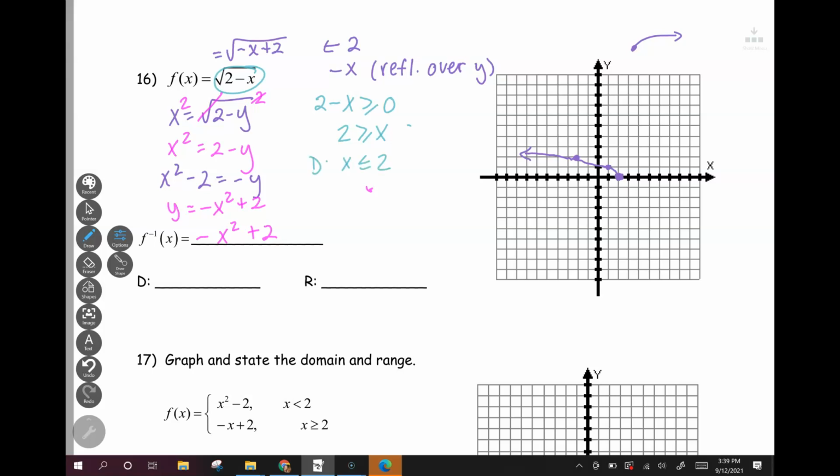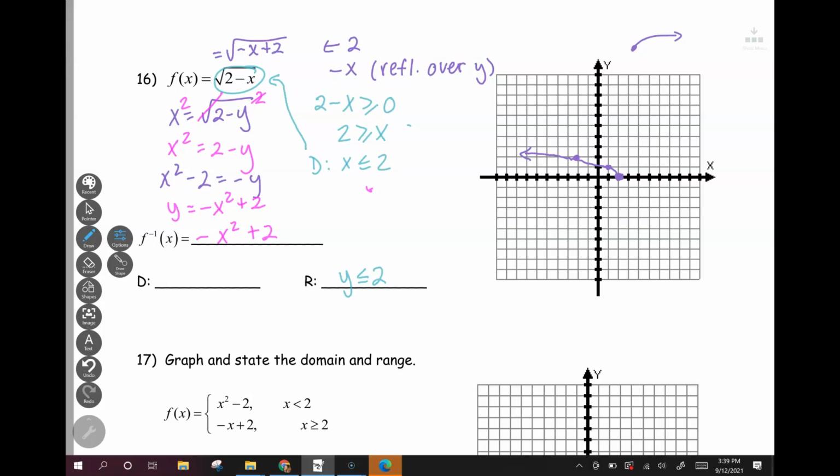So if this is my domain for the original, then that means it's my range for the inverse, right? We switched x and y, so we also switch the domain and range. So I have y is less than or equal to 2 because of this domain.